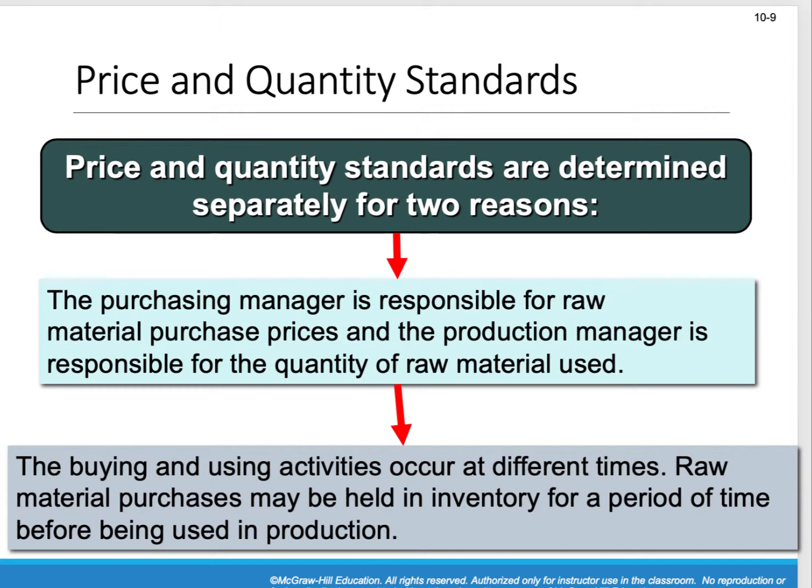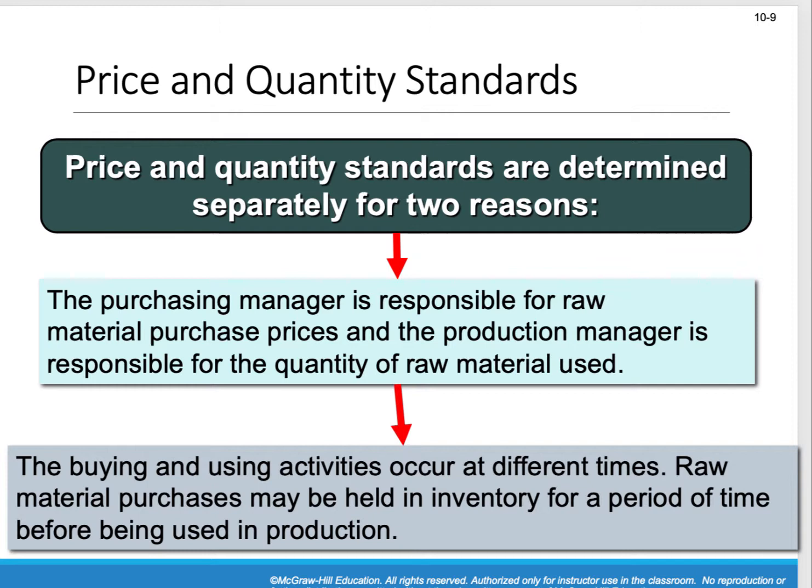So if we have an unfavorable variance with regards to direct materials, who do we blame? Who do we go to and say, hey, you did badly, how are we going to fix this? Well, the purchasing manager is responsible for buying that raw material, so they're responsible for the purchase price.